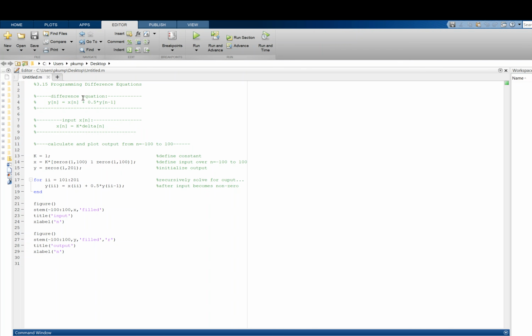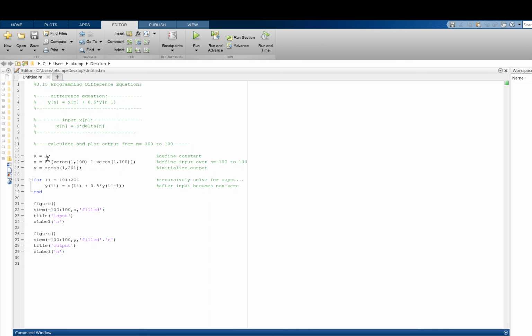And you have to give me an input, just like any other system. The input in our example last time was k times an impulse, a scaled impulse function, k times delta of n. And we also have to specify an auxiliary condition or initial condition, and we're assuming the system is causal.